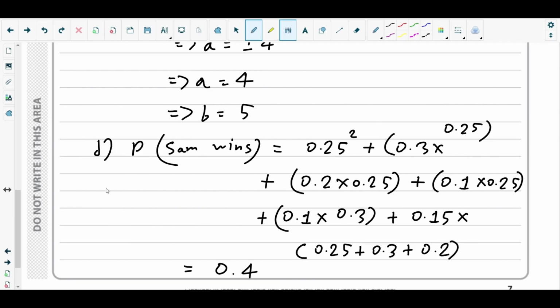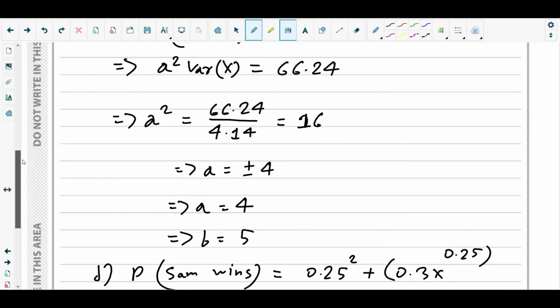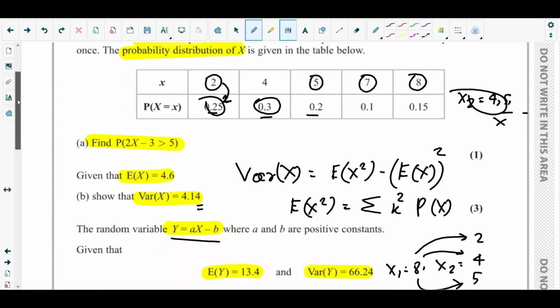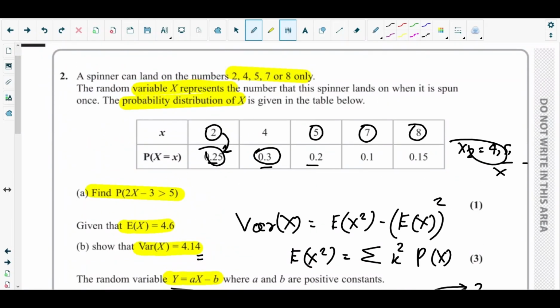It's not 0.4, it should be 0.355, and that's the answer. Fine. Okay, so that's all about the second question from the May 2024 S1 paper.